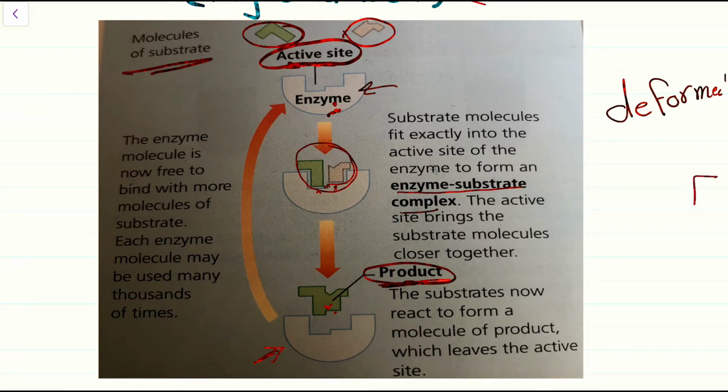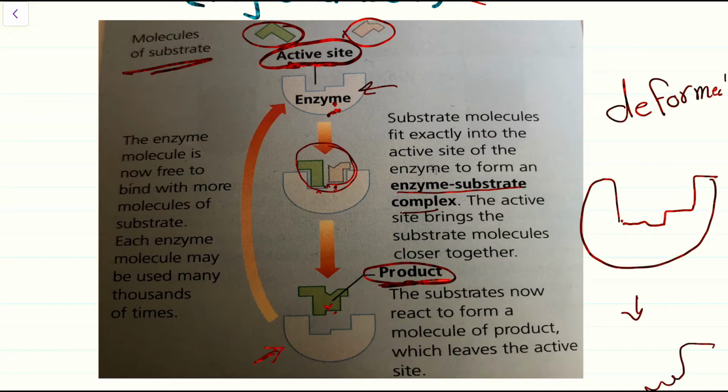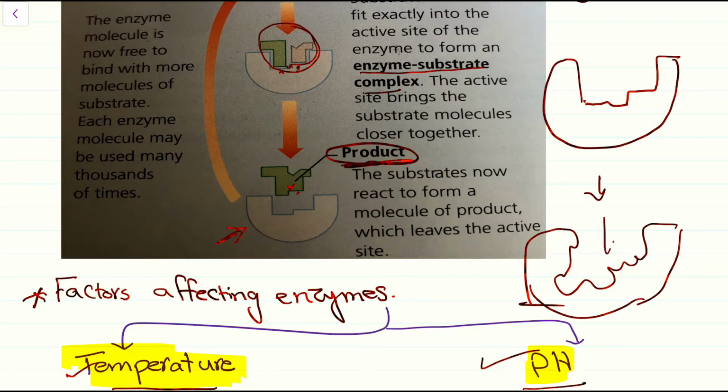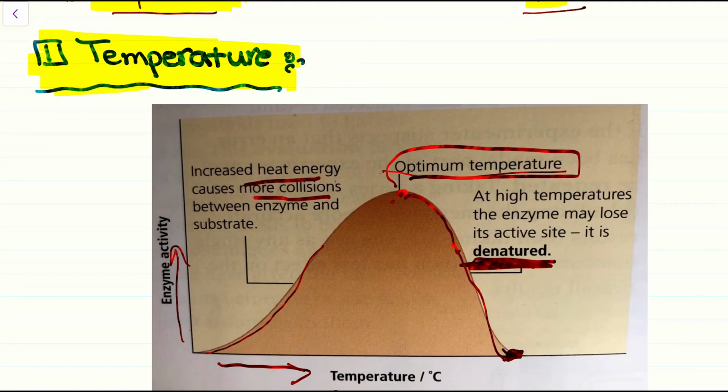So instead of this shape, as you see, it will be different. So when the substrate starts to combine with this deformed active site, it can't, so the reaction cannot happen at all. So it stopped working, and we call it enzyme denaturation.